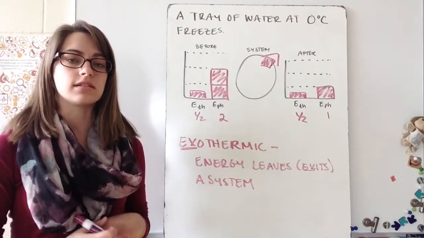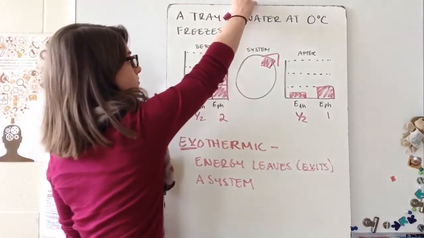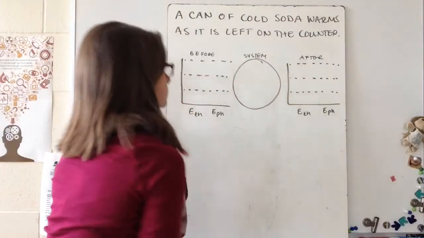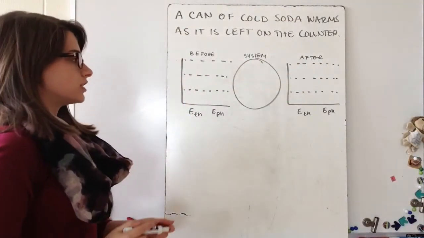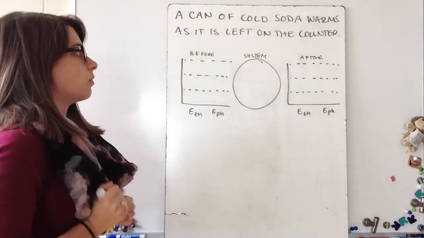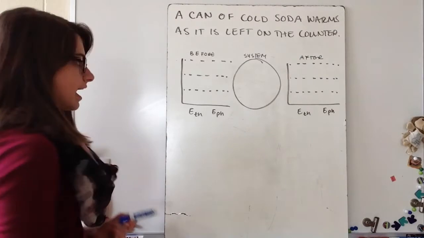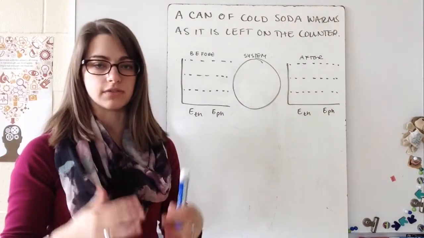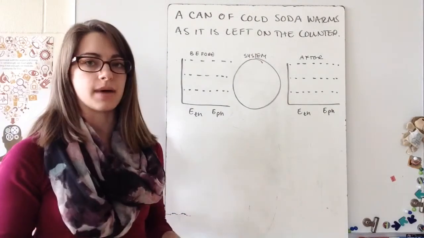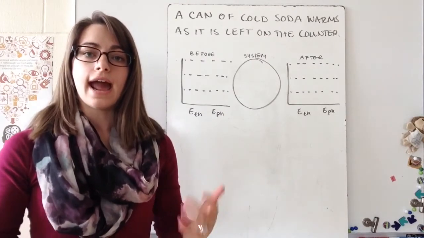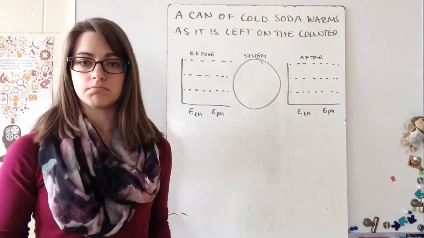So let's look at some different situations. Okay, this situation says a can of cold soda warms as it is left on the counter. So if we imagine that we have a can of Diet Coke, that's my preference, sitting on the counter, we forget about it, and it goes from being cold to being warm. First question, has the soda changed states?